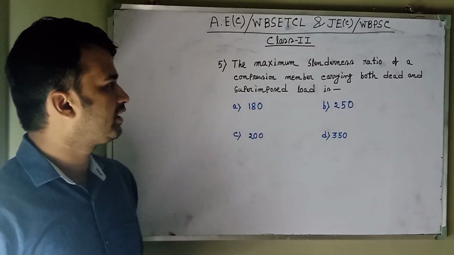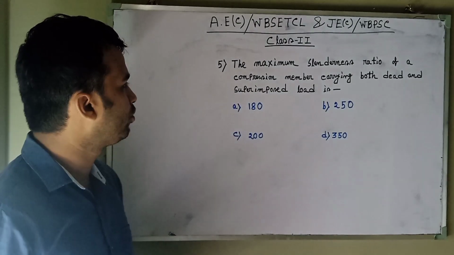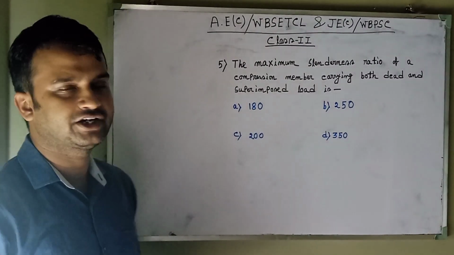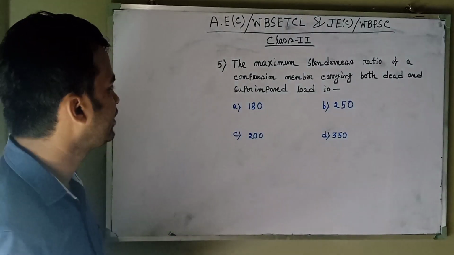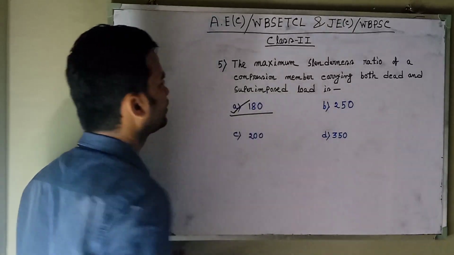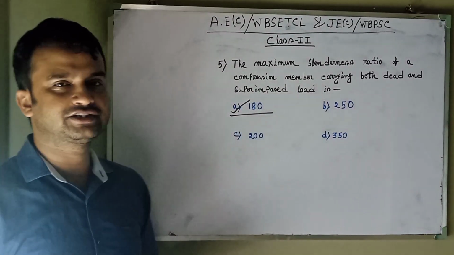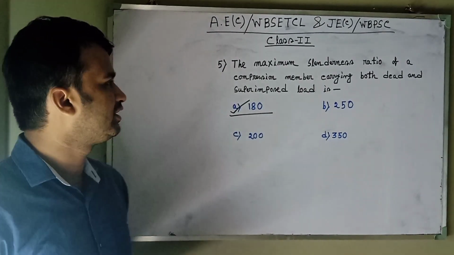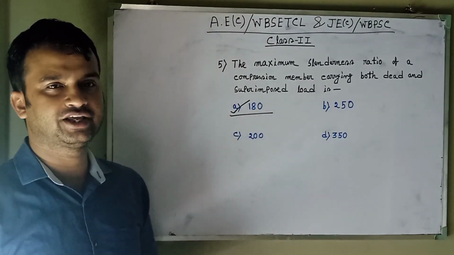When a member carries compression load due to dead and superimposed load, the maximum slenderness ratio should be 180. So the correct answer for this question is 180.